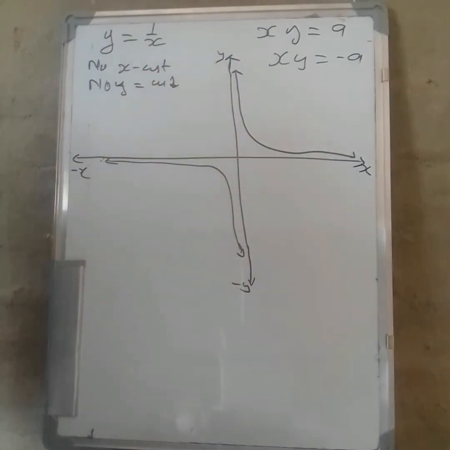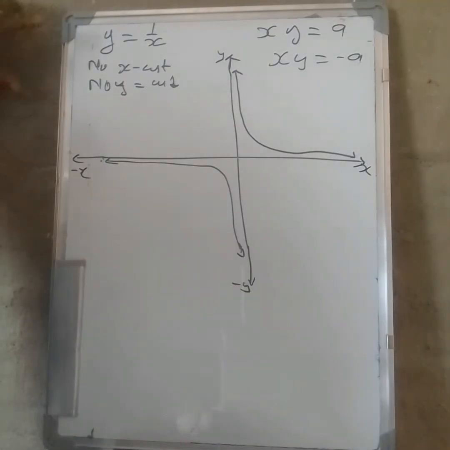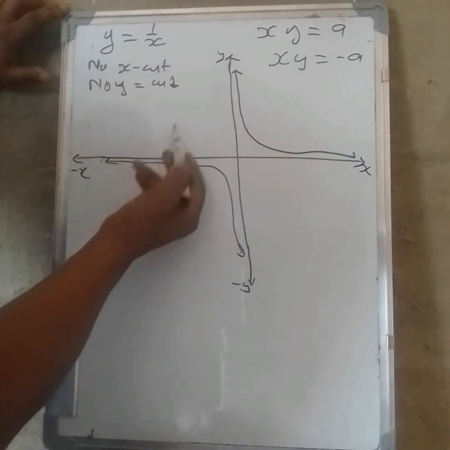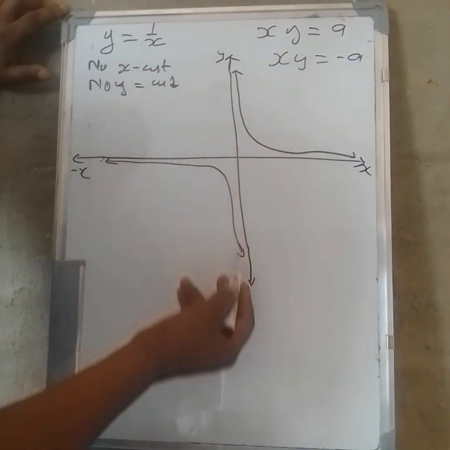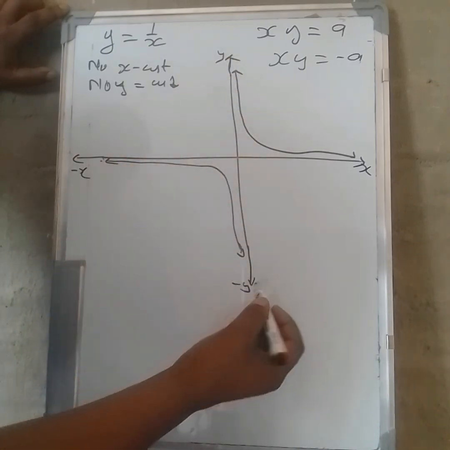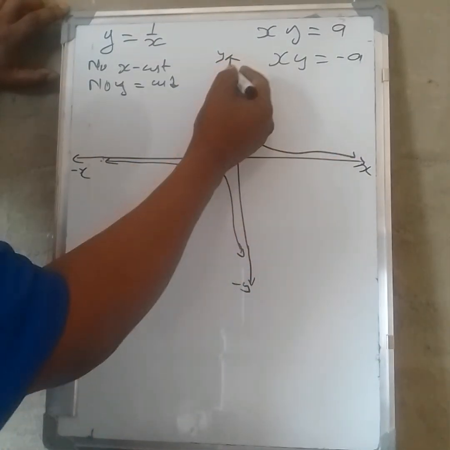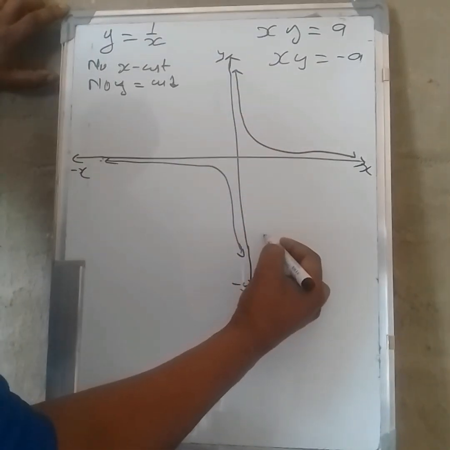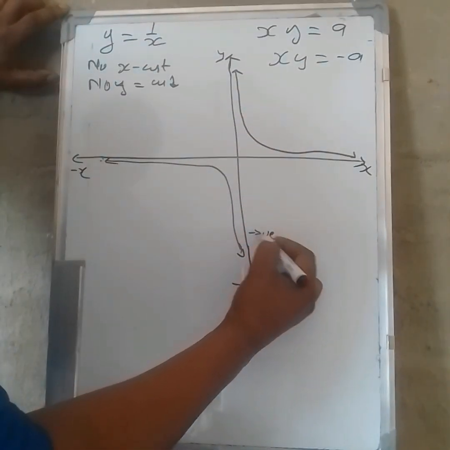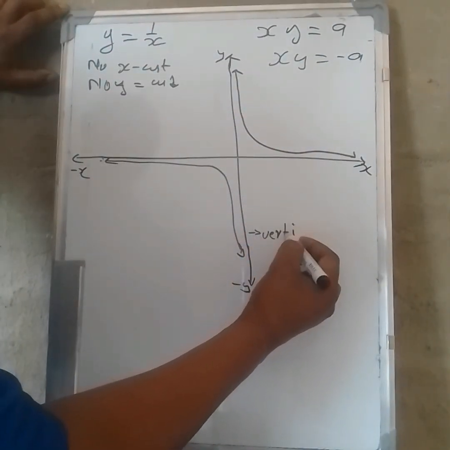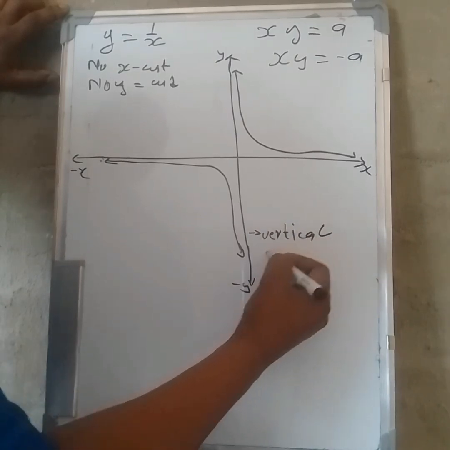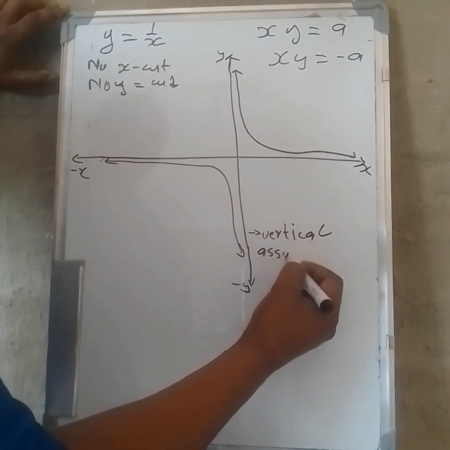And when you say no y-cut, this line, because the graph is not going to touch this line, we are talking of a vertical asymptote.